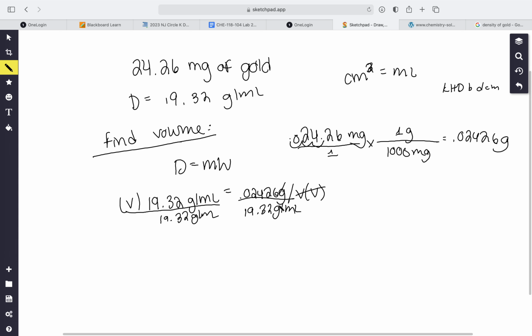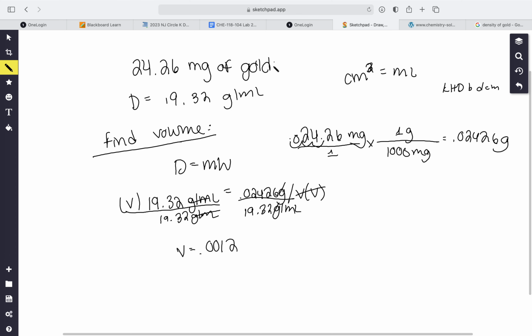And we can cancel out grams. So what we're going to get is that the volume is equal to 0.02426 divided by 19.32.